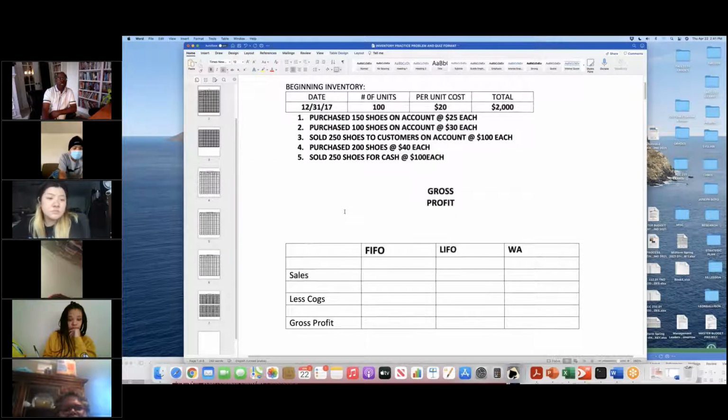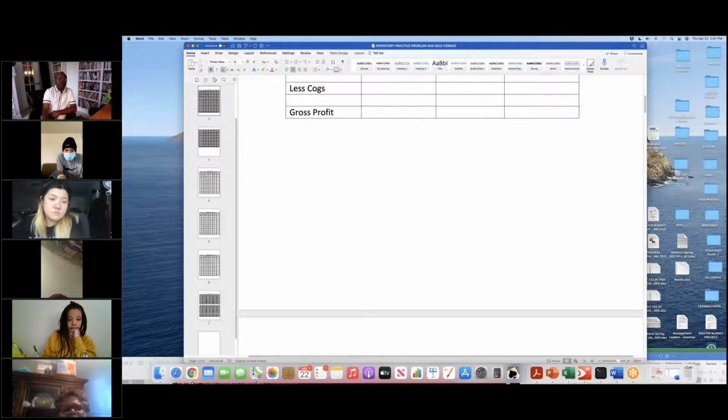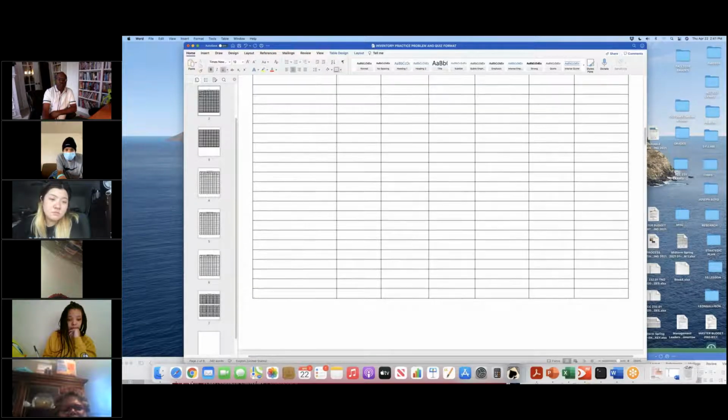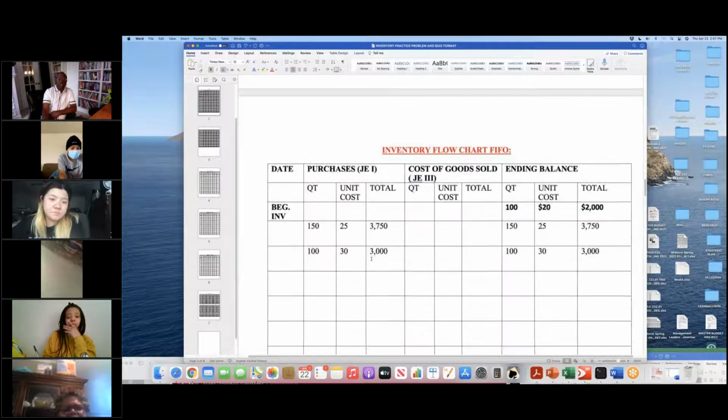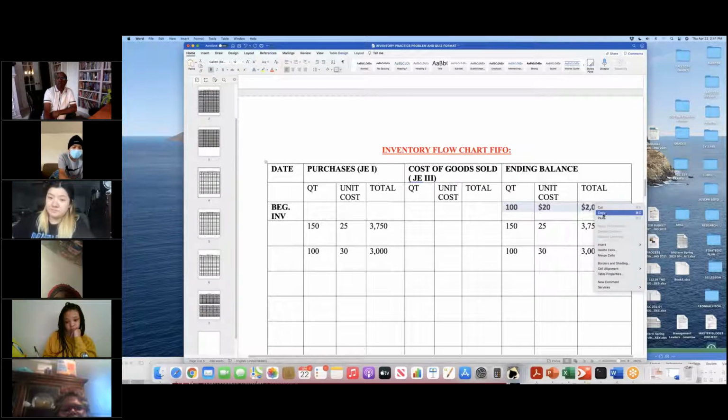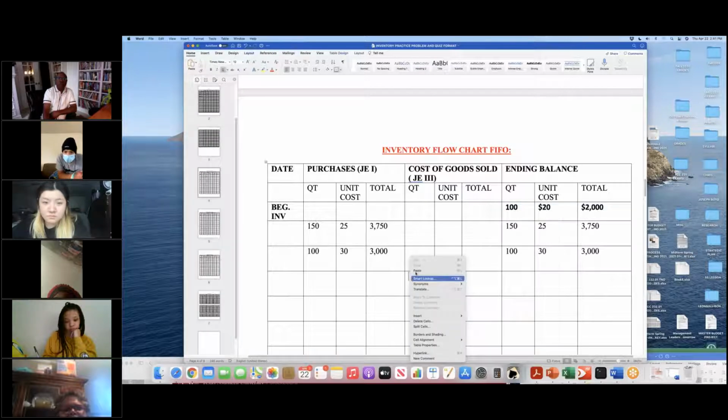We're going to get this number on the sale of 250 from the inventory chart. So we go to the inventory chart. Since we're selling 250, we're going to sell all of these.